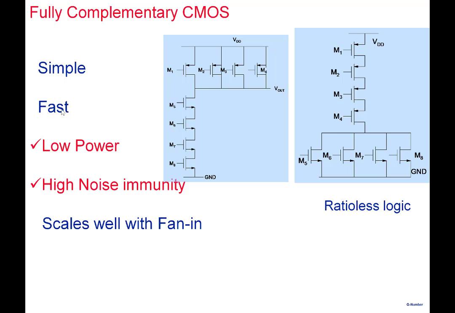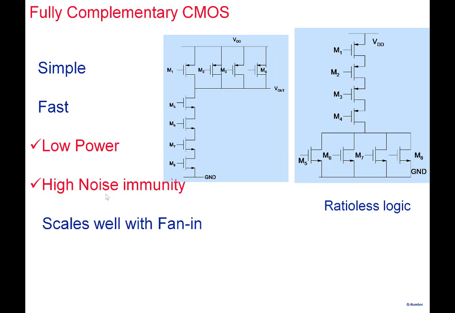It's not that fast. Why? Because the capacitances are increasing at this particular node. And as you can see, it doesn't scale that well with fan-in. If I want to build a 5-input or a 6-input NOR gate or a NAND gate, it becomes difficult. So it doesn't scale well with fan-in. All these are problems with this particular logic.